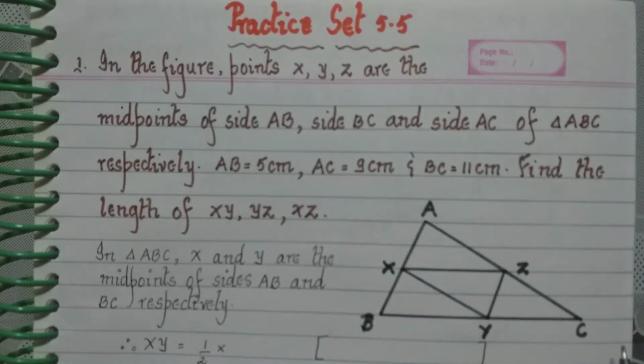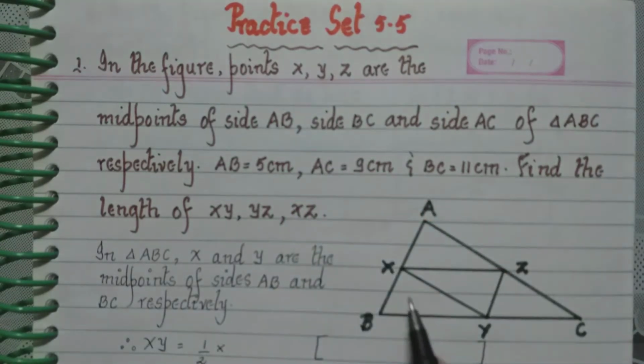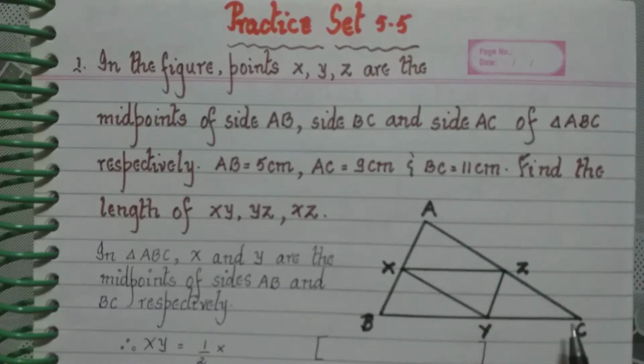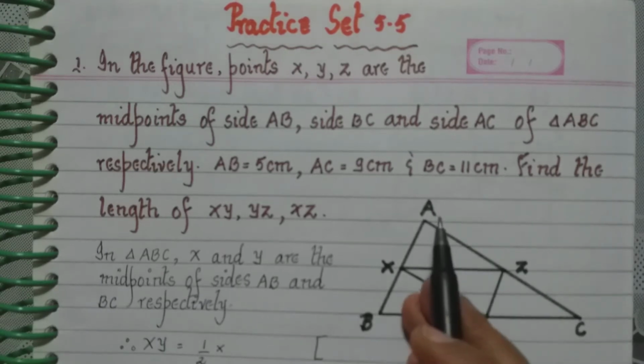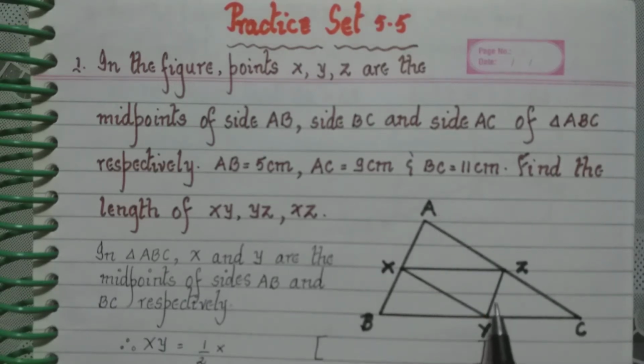Now look at the figure here given. The points X, Y, and Z are the midpoints of these three sides of the triangle: AB, BC, and AC respectively.